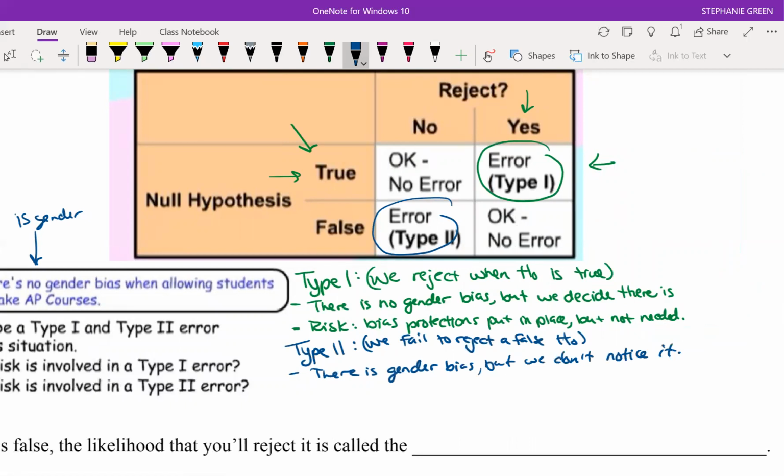Okay, so what's the risk of that? That means gender bias is going unnoticed. So obviously the type 2 error here is going to be worse than a type 1 error.